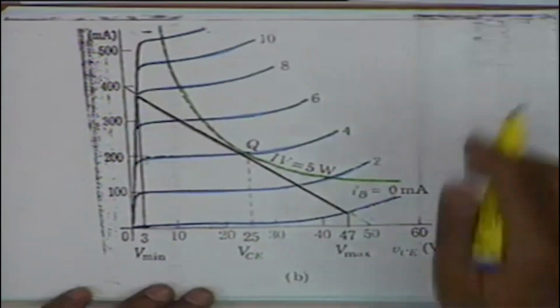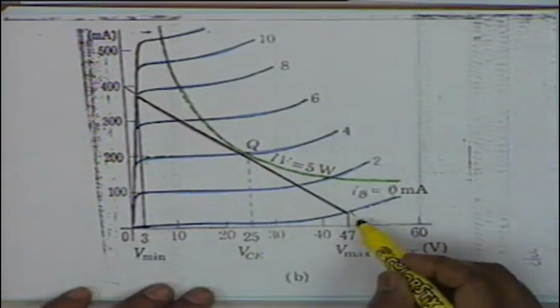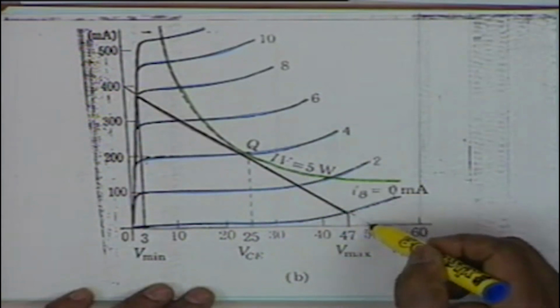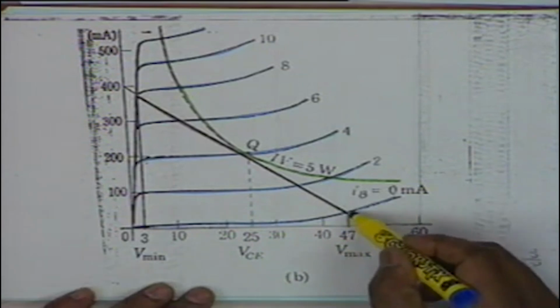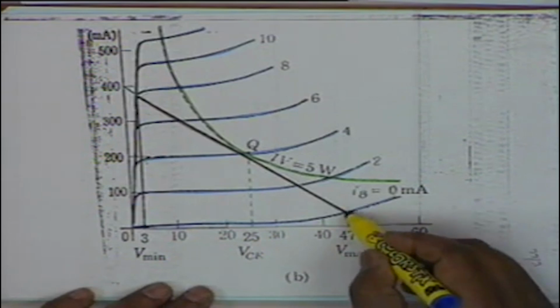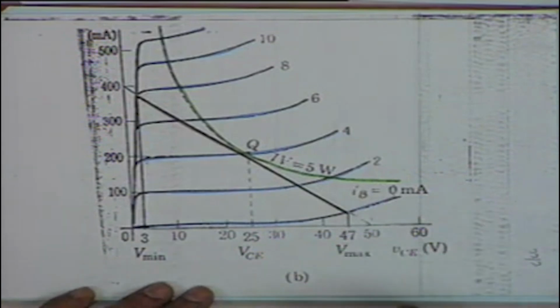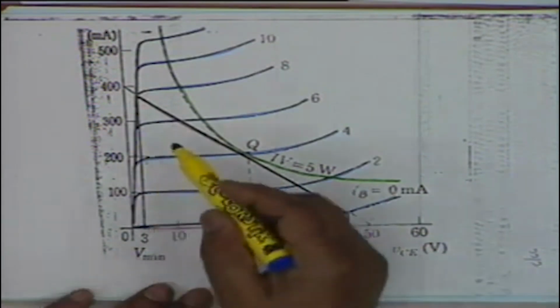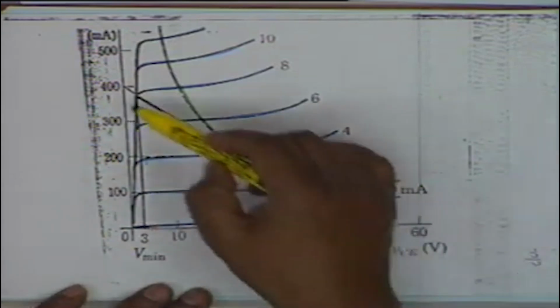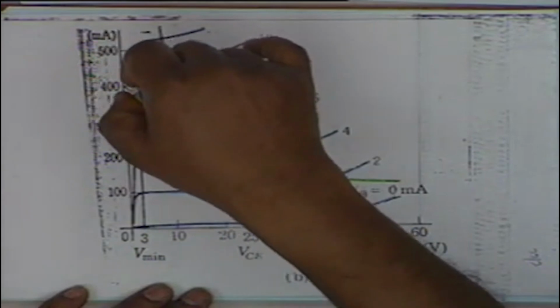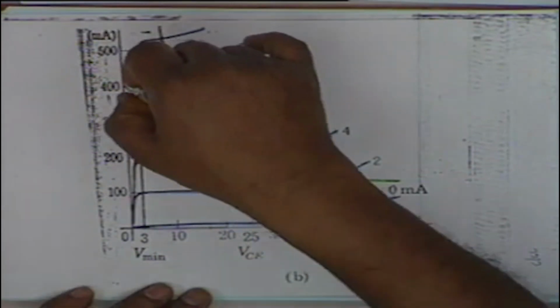Now if you look at the actual characteristics, you notice that the AC load line, the red line, cannot quite go to 50 because it crosses the IB equal to 0 milliampere line, and therefore this must be your maximum VCE. You cannot go to 50, you can go only up to about 47. In a similar manner, you notice that the curve cannot go right up to this point, because the saturation part of the characteristic is to be exceeded.